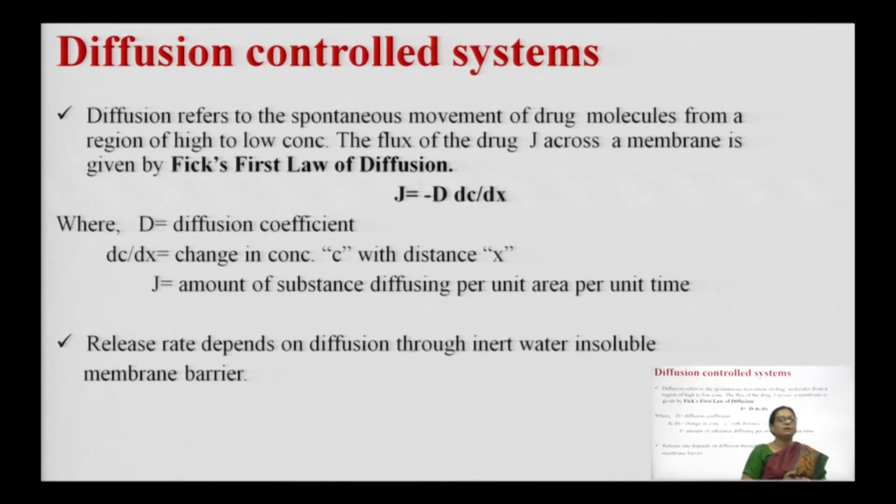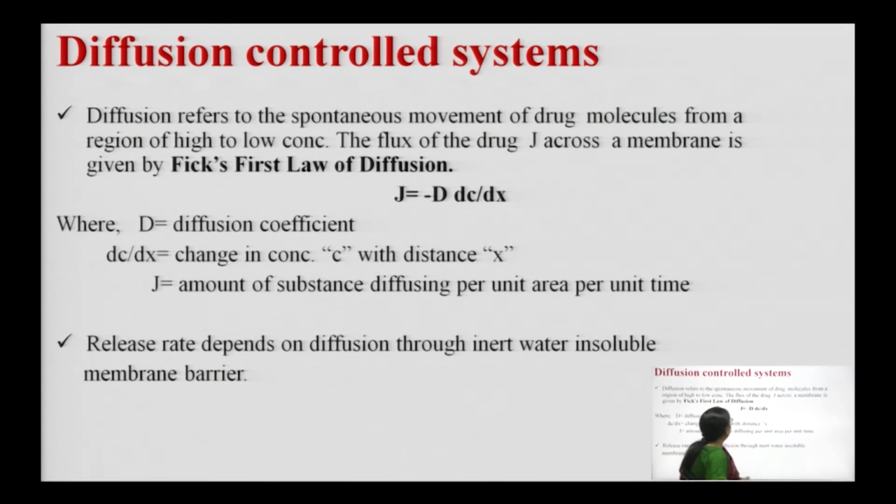So, that is about the dissolution type of controlled drug delivery systems, where the dissolution rate is the rate controlling step in drug release, and we have studied two dissolution type of systems, that is reservoir types of systems and matrix types of systems.